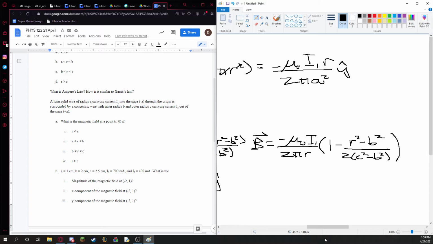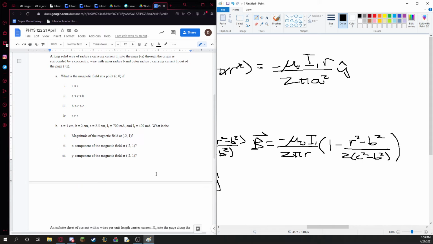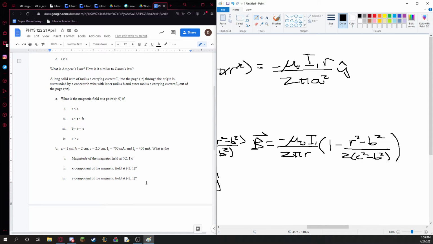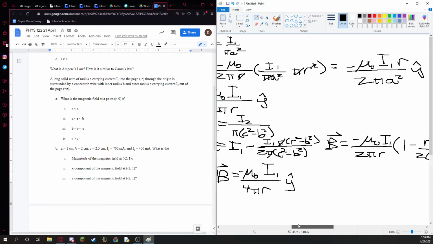All right, in that case, let's throw in a few numbers here. A is equal to 1 centimeter, B is 2 centimeters, C is 2.5 centimeters, I1 is 700 milliamps, and I2 is 400 milliamps. How do we find the magnitude and the x and y components of the magnetic field at -2, 1?